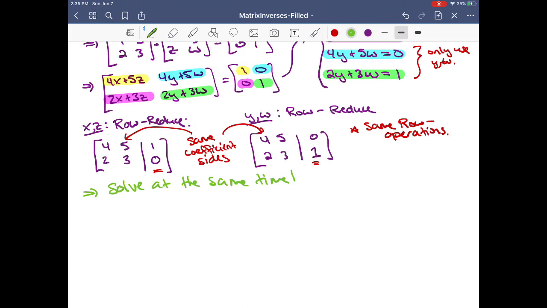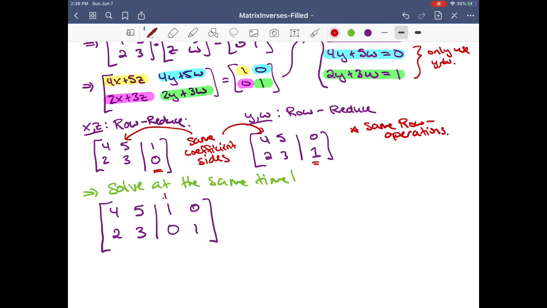Because to do the first one, we're going to be using some row operations, and we're going to use them on the column 1, 0. On the yw one, we're going to do the exact same row operations, but we want to do them on the column 0, 1. So what we're just going to do is row reduce a bigger augmented matrix. So 4, 5, 2, 3 on one side, and then I'm going to have the 1, 0 column, and also the 0, 1 column.